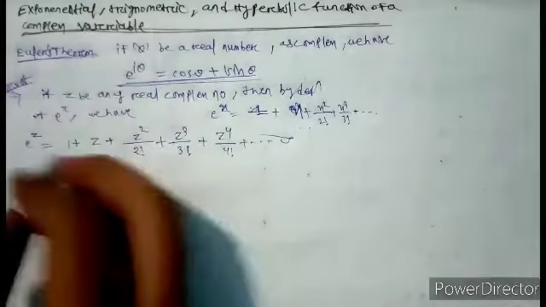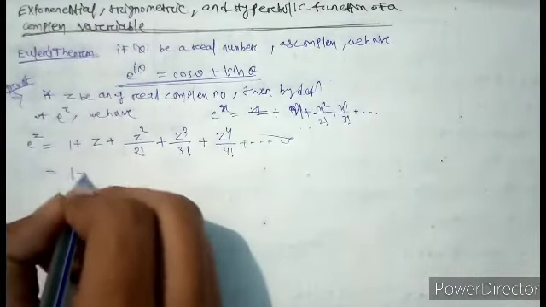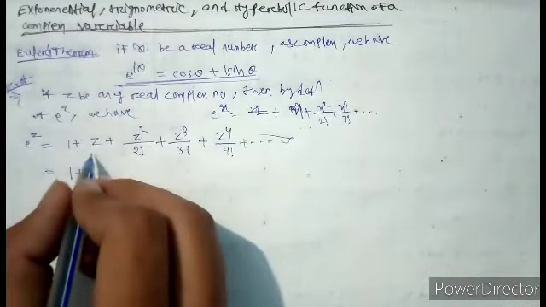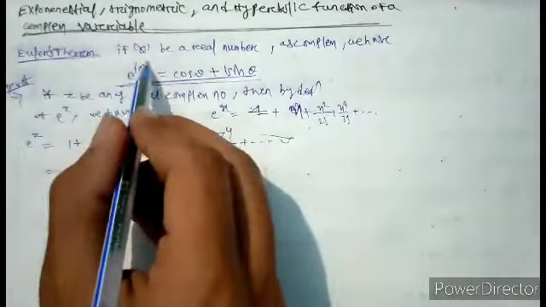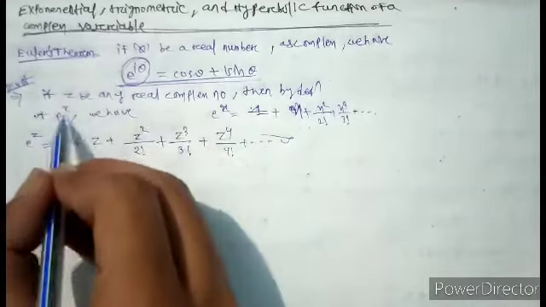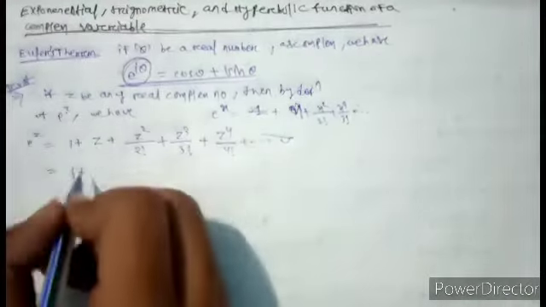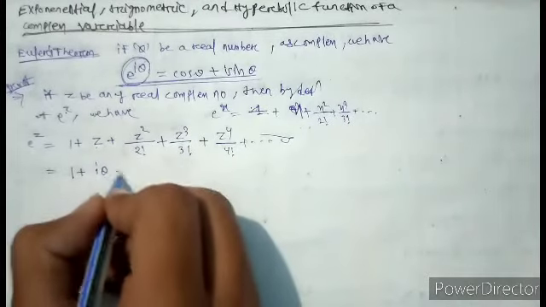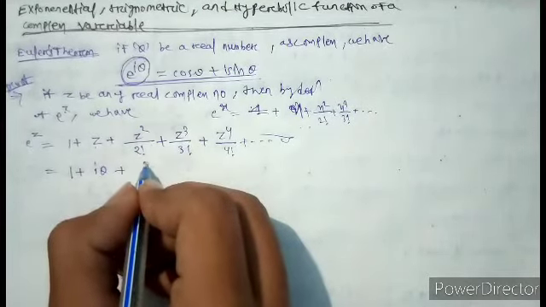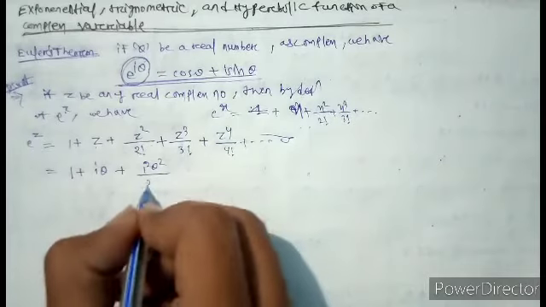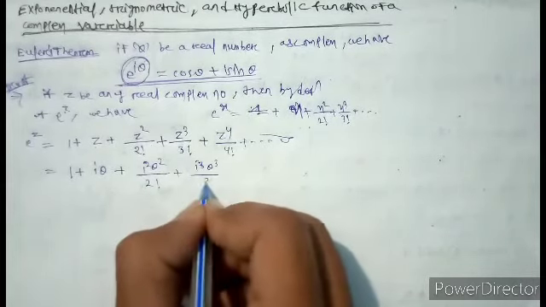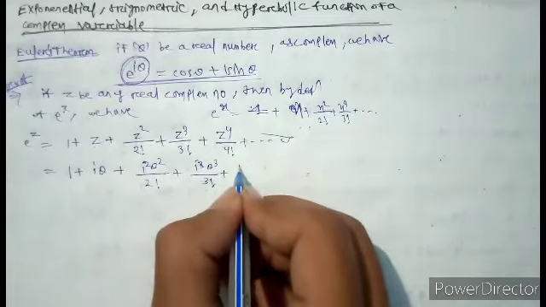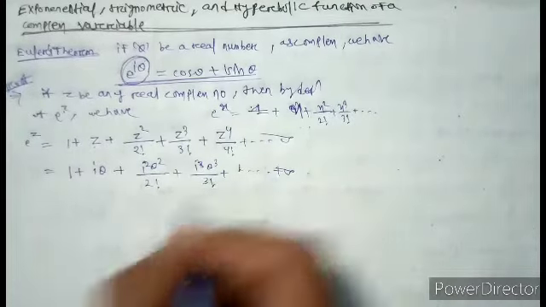Okay, then simply in the place of z we have to write i theta, because here we have to prove e to the power i theta. So in the place of z we put i theta. So 1 plus i theta plus i square theta square upon 2 factorial plus i cube theta cube upon 3 factorial up to plus infinity.